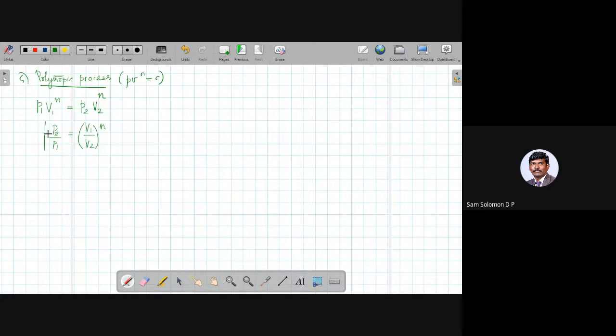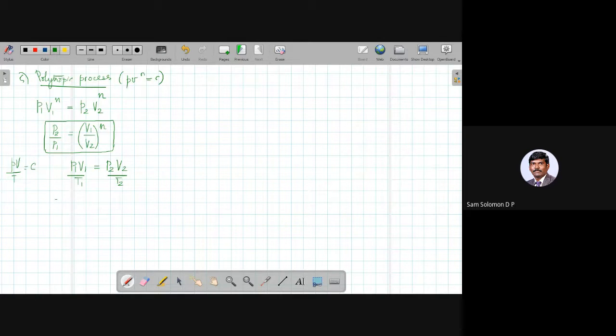The other relationship is between pressure and temperature, or temperature and volume also, if you want, you can write it. In the previous class, I told you PV by T equal to constant, which is the ideal gas equation of state. So you can write P1 V1 by T1 equal to P2 V2 by T2.